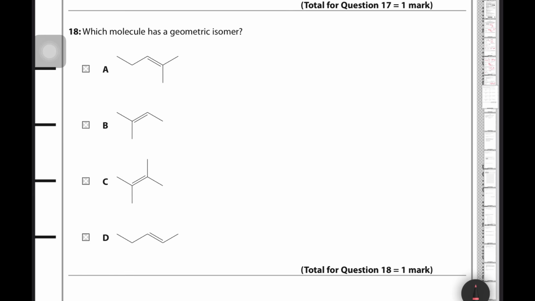B also cannot be the geometric isomer, because again it has two methyl groups at one end of the carbon-to-carbon double bond. If you look at C, this is also incorrect because this molecule has two methyl groups at one end of the carbon-to-carbon double bond. So my correct answer is D.